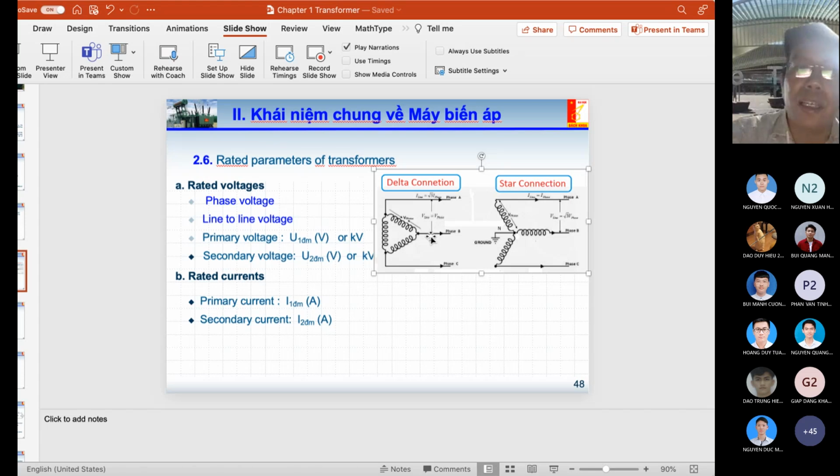For example, if you are sitting at home, you cannot take the voltage level of 220 directly from this diagram.